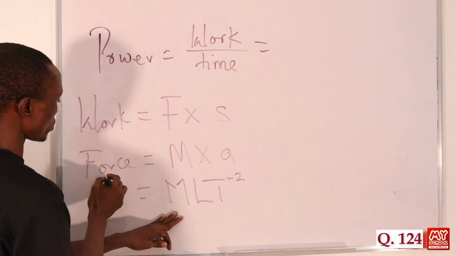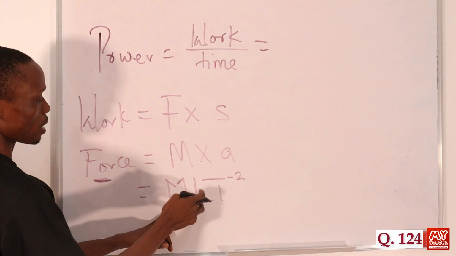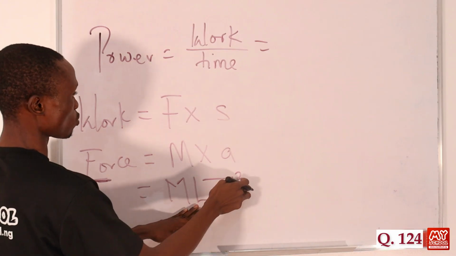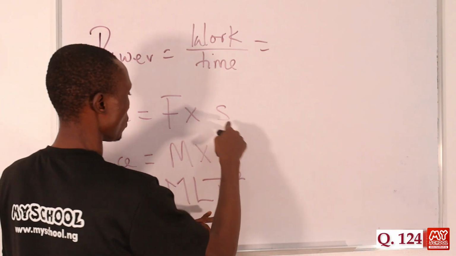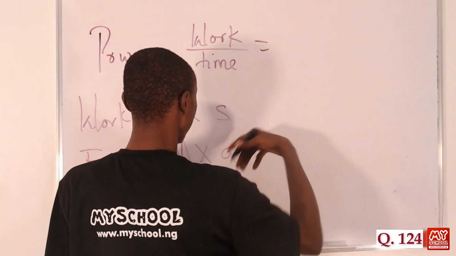So now that we know the dimension of force to be MLT raised to power minus 2, the dimension of x, which is distance, is L. So let's bring everything together.